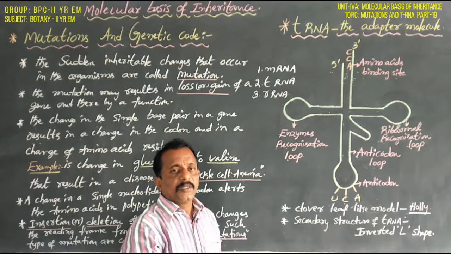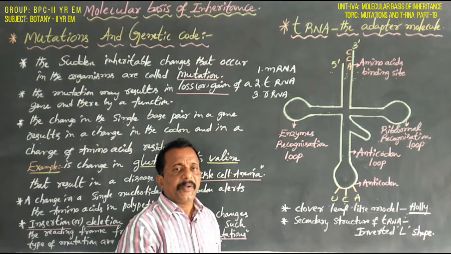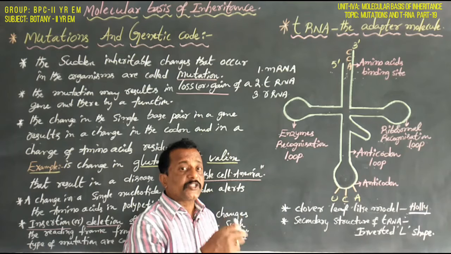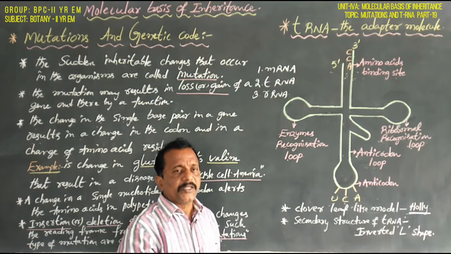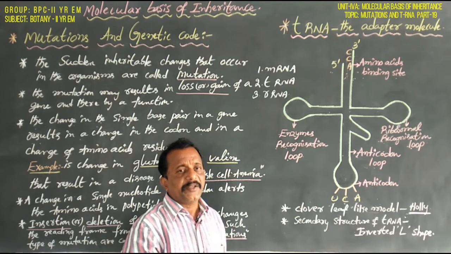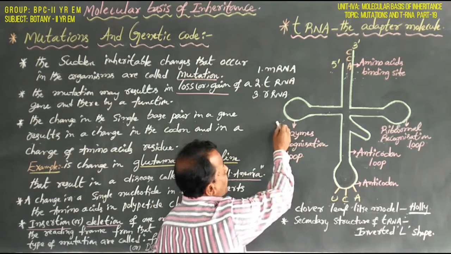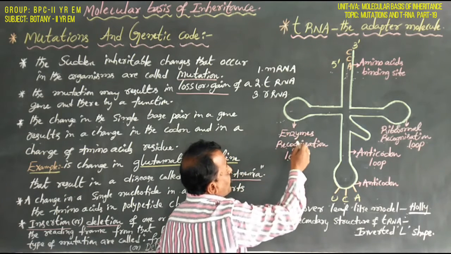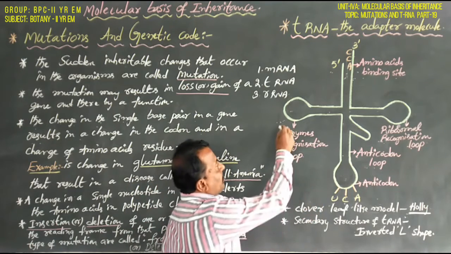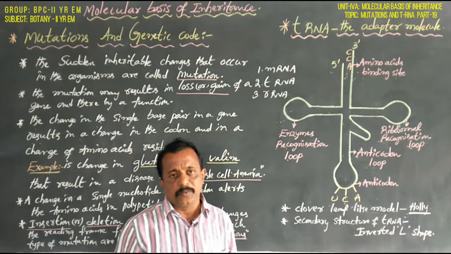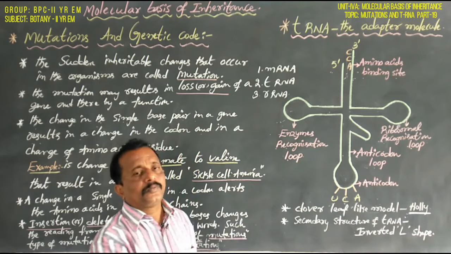In the transcription process, only DNA dependent RNA polymerase enzyme is involved. In the translation process, the enzyme involved is aminoacyl tRNA synthetase. So aminoacyl tRNA synthetase enzyme contains the enzyme recognition loop.